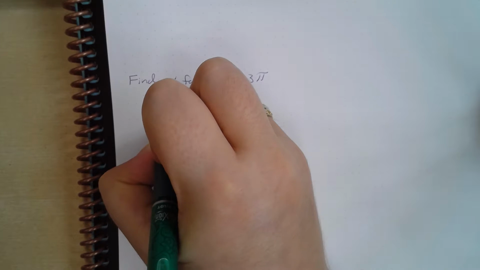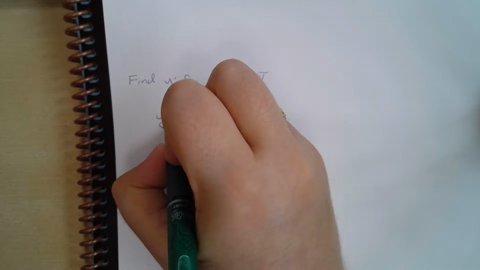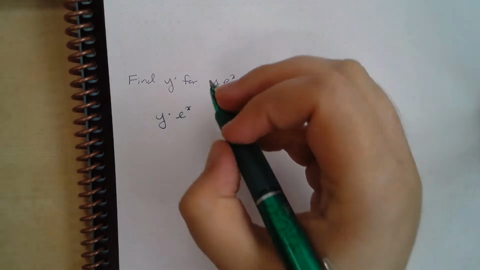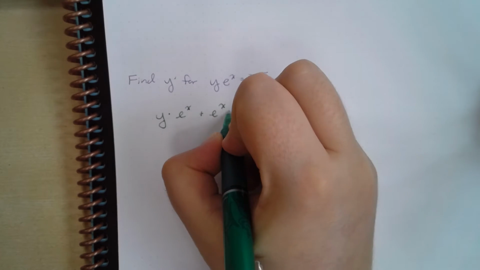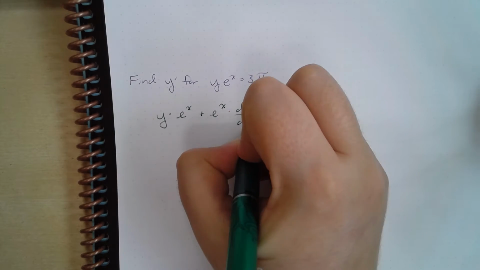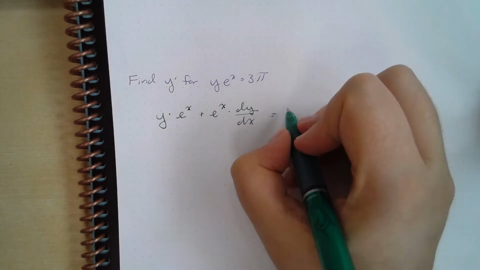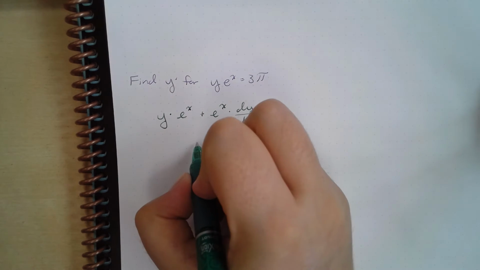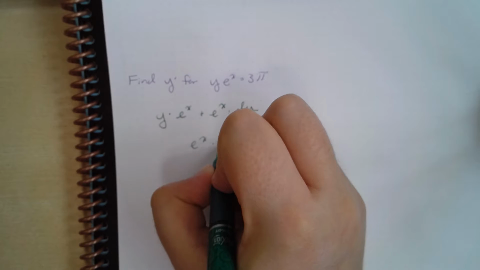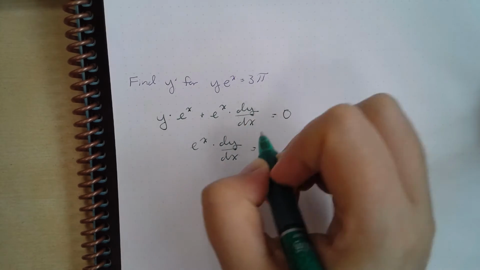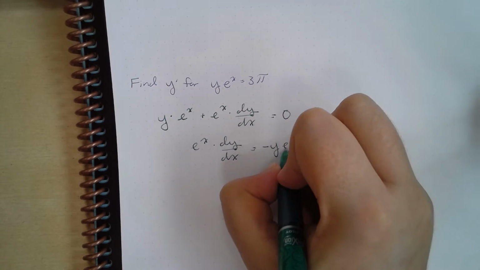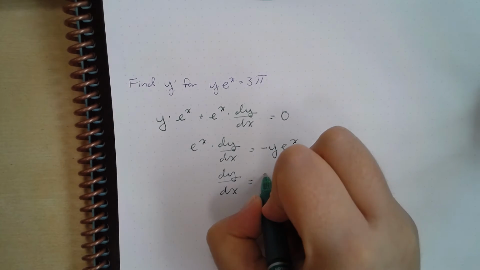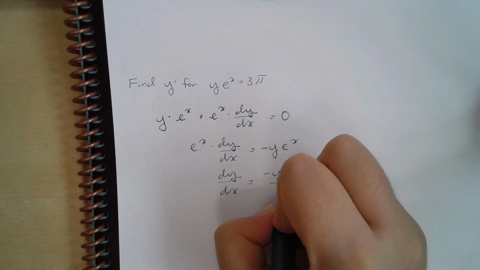So first times the derivative of the second is just going to be e to the x times the derivative of x, which is dx over dx, plus e to the x times dy over dx is equal to 3 pi, which is just a number, so 0. So now I'm going to rewrite this. I have e to the x times dy over dx is equal to negative y e to the x. So dy over dx is equal to negative y e to the x over e to the x.